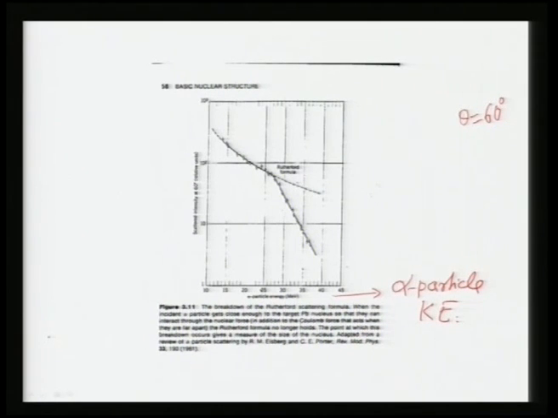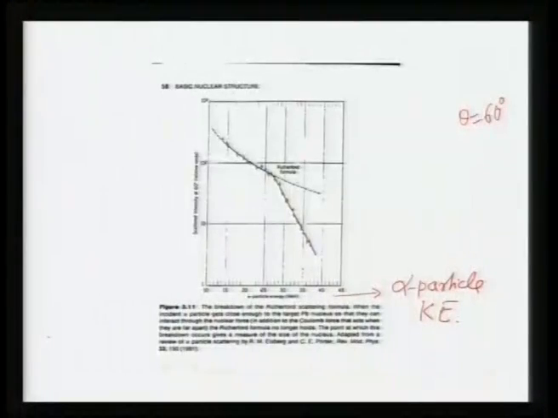Each data point on this graph that you are seeing corresponds to one full experiment. For example, this point here is 15 MeV, this point corresponds to 15 mega electron volts.